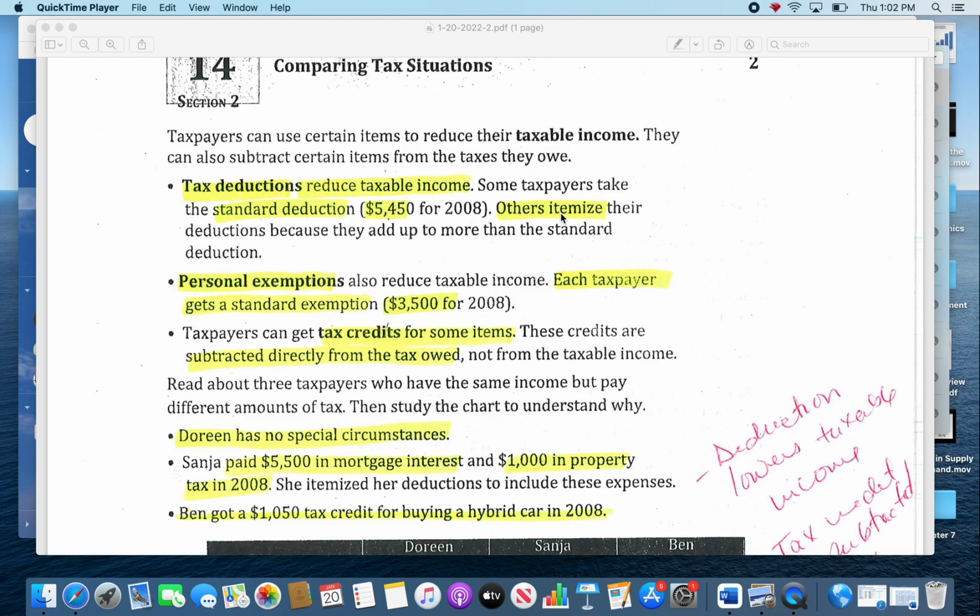You're going to turn over your receipts to the government, and you're going to say these are all the things that I purchased and it was more than that. If the receipts add up to less than this, let's say all your receipts add up to $3,000, then you're going to use the standard deduction. You're going to use whichever number is largest, because you get to take that number and subtract it from the income that you made that year. So this standard deduction for this problem is $5,450.